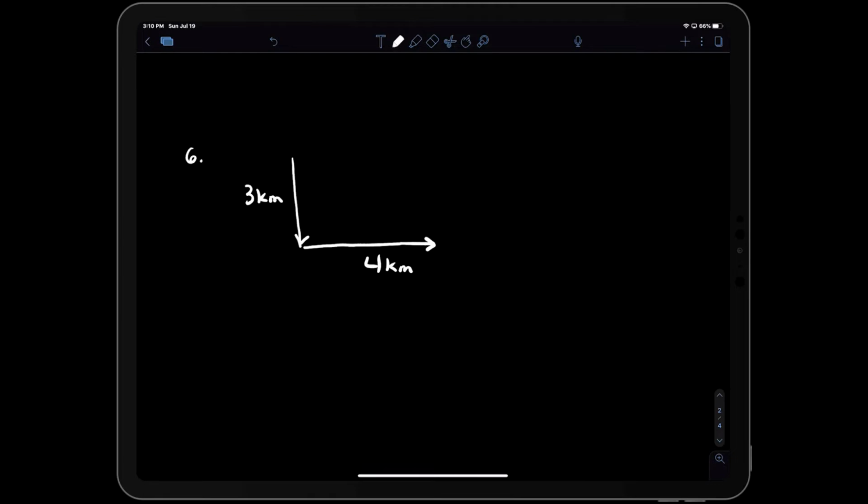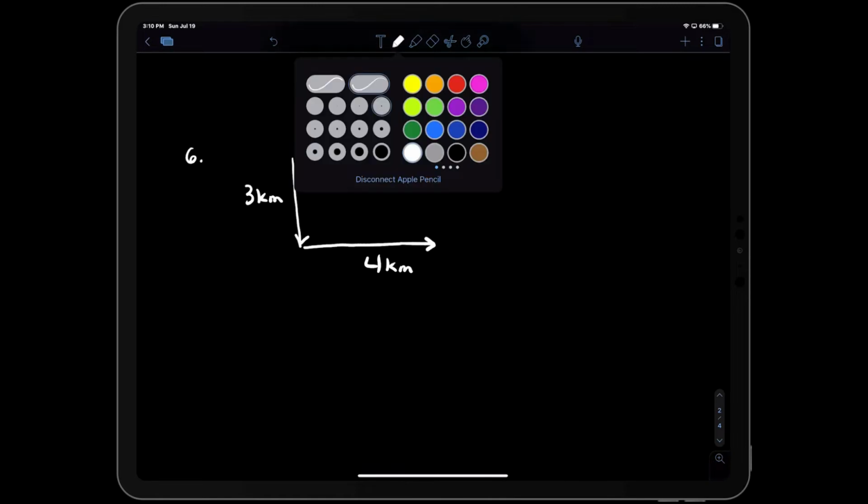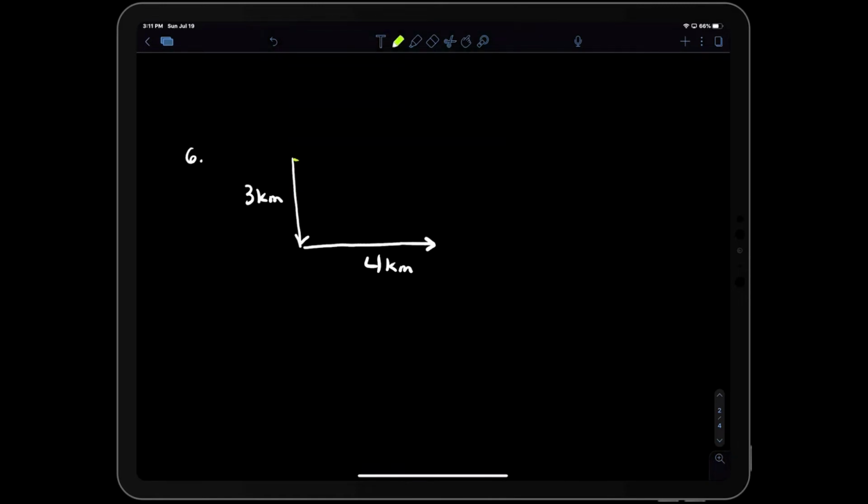Now, that's asking what's the displacement. The displacement, how far does he have to go if we did a straight line path? What's the distance between those 2 points right there? So we use the Pythagorean theorem. Again, that's a squared plus b squared equals c squared. We're trying to find out what this side is right here. That's the displacement.